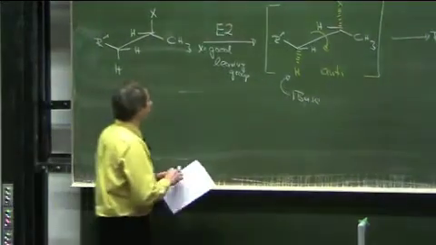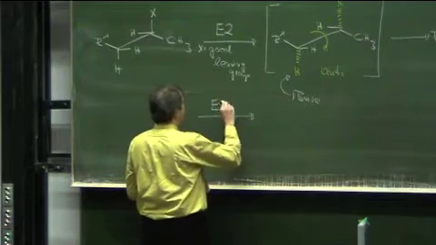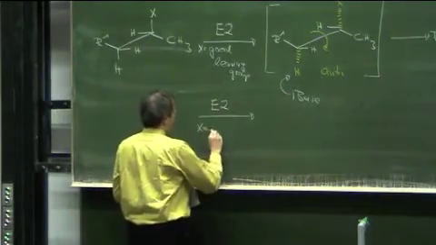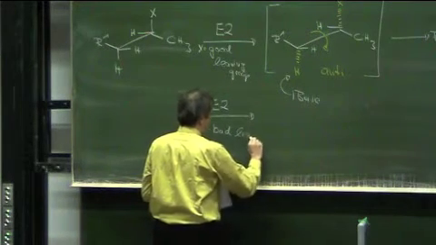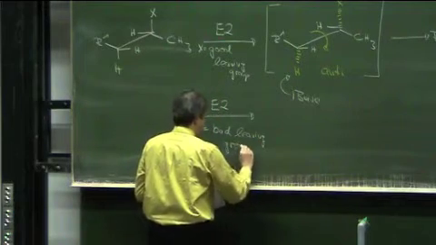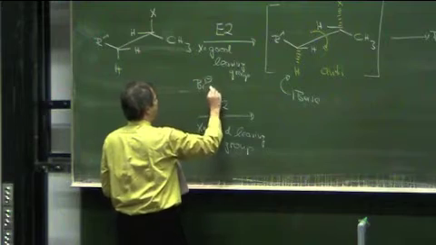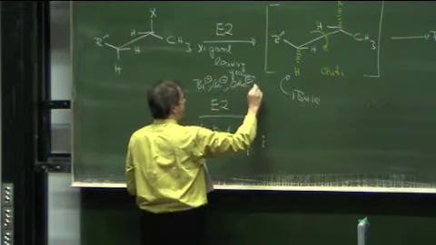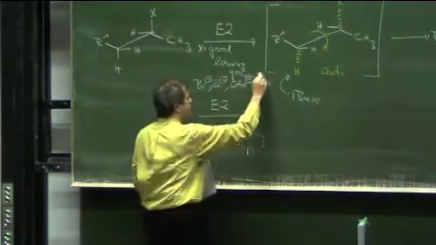And then as a variant of this, we had still the E2 process, but where X again was a pretty bad leaving group. So here typical good leaving groups are halides, bromide, chloride, acetate, tosylate. All these are good leaving groups.